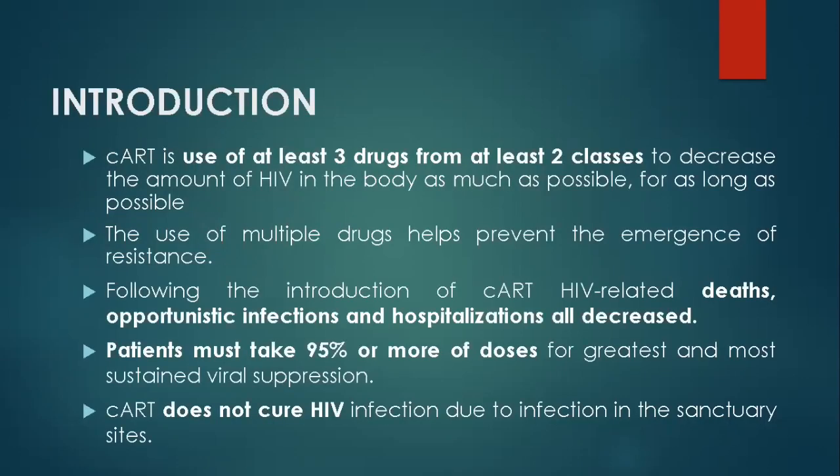In modern society, we use a combined antiretroviral therapy, which contains 3 drugs from at least 2 classes or 2 groups of ART. So here this drug has 3 drugs in it from 2 different classes. This drug helps to reduce the amount of HIV in the body.